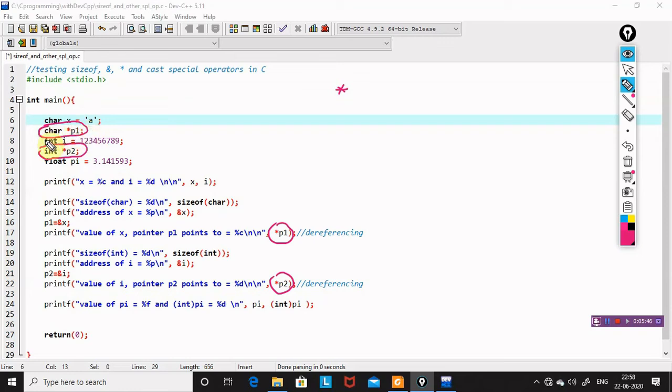When we write char star p1, what it means is p1 is a pointer variable which points to another variable of char data type. But p1 itself should hold the address of that variable. So how do we make sure of that? Look over here. Address of x is assigned to p1. Now what is x?